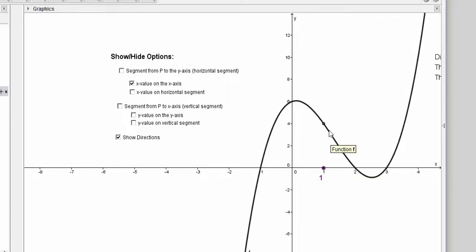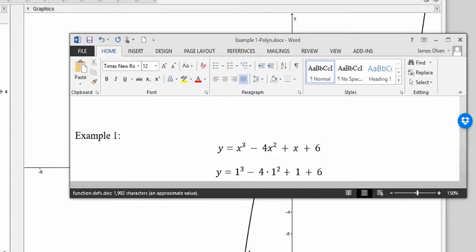X equals 1, and I get this point on the graph. Let's see what happens when we plug 1 into our equation. When we plug 1 into the equation, we get y equals 1 cubed minus 4 times 1 squared plus 1 plus 6. And now let's see what that is if we do the arithmetic.